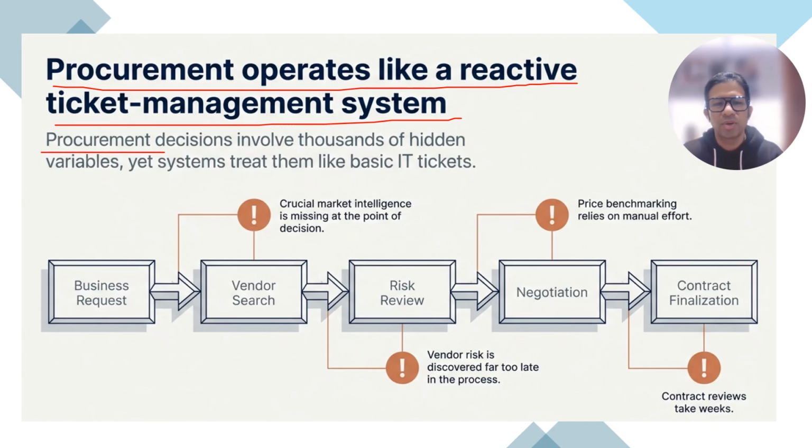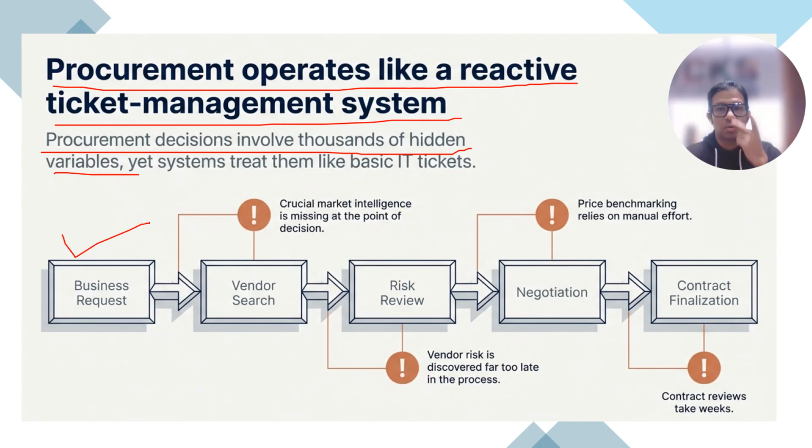See this one. Procurement decisions involve thousands of hidden variables. This line is the reality. Procurement is not a simple workflow. It's a decision system. Now let's walk through the pipeline. Start from the left side here.